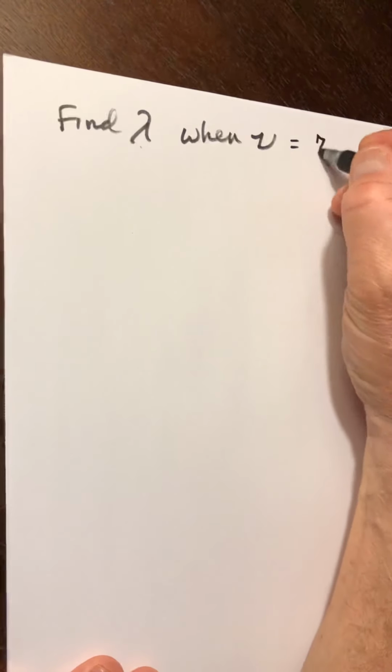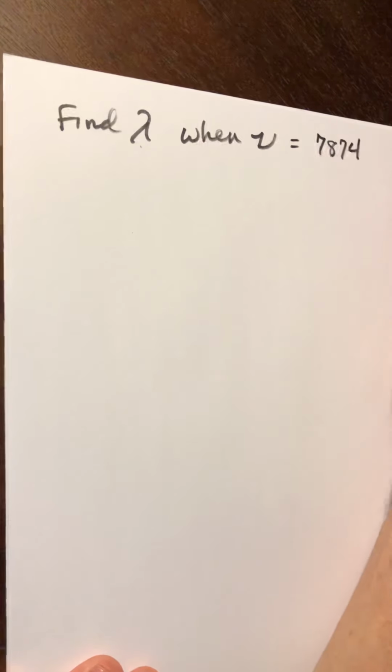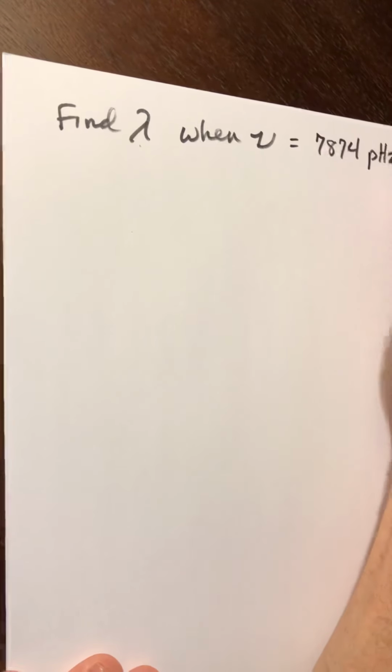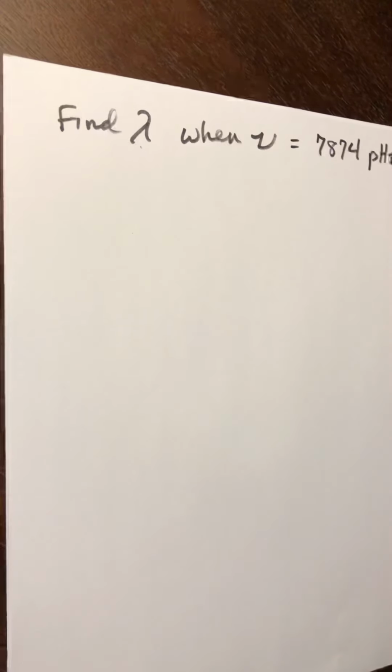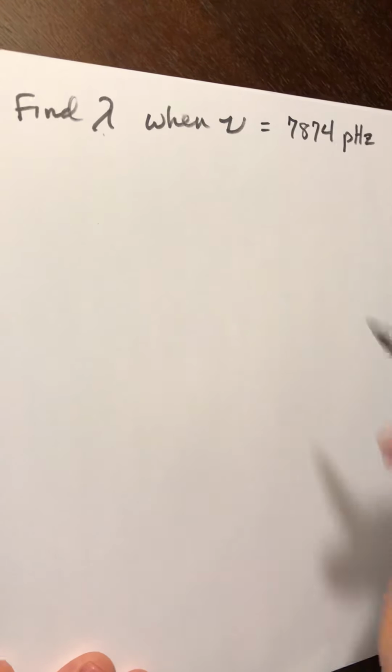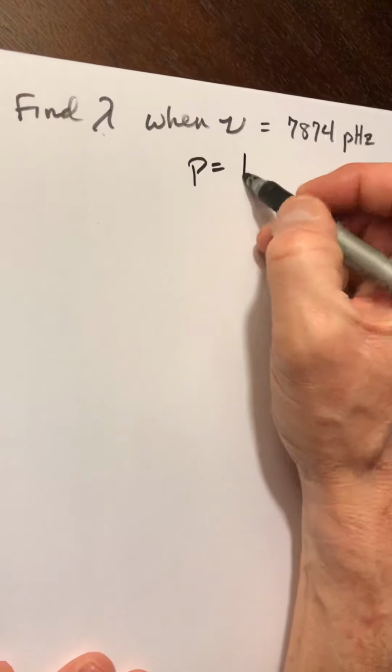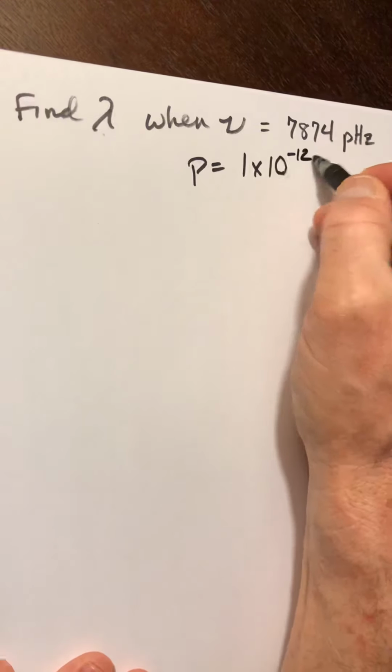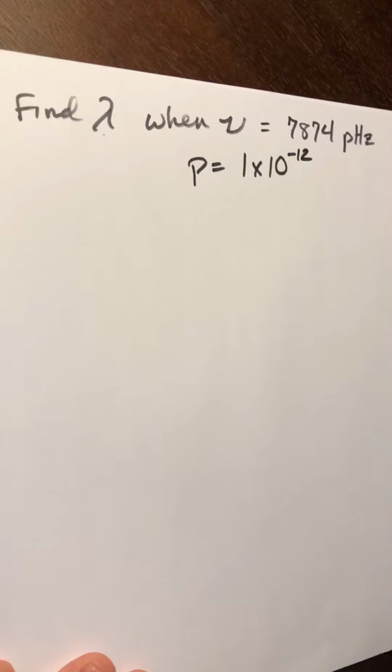And in number 1, it's 7,874, and it's given there as PHz. PHz is a metric prefix version of hertz, and that is picohertz. If you look at the bottom of your page, pico has the numerical equivalent 1 times 10 to the negative 12th.